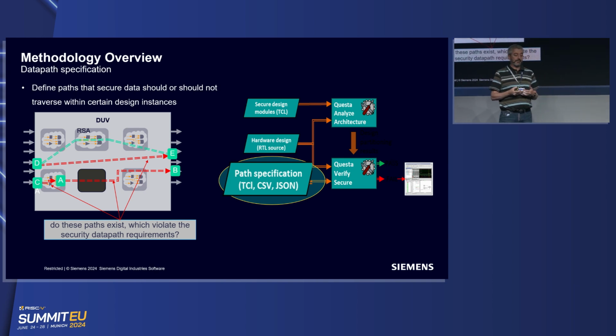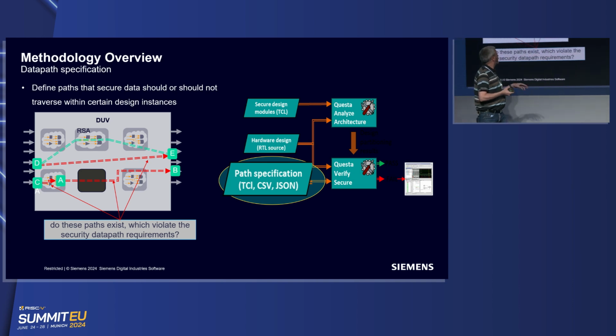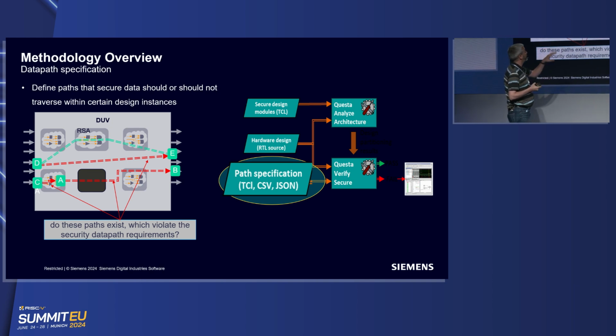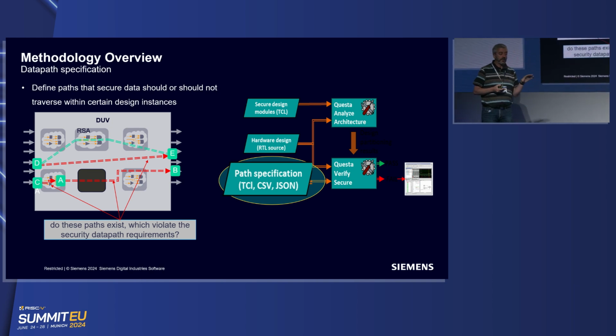Then you could specify different things, like the path here on the upper side from D to E. What you want is that there should be no direct connection, so the data E never goes in a direct fashion to this particular user visible output, but only goes there through the RSA encryption module.